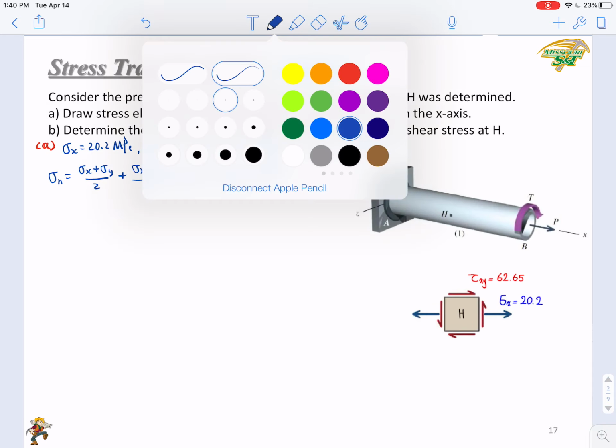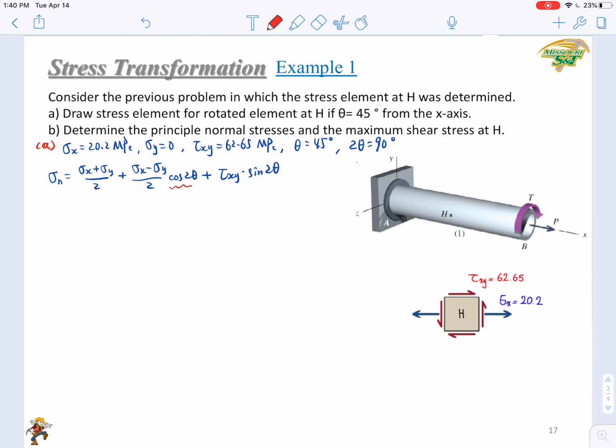So cosine 2 theta will be 0, sine 2 theta will be 1. Here you will get 20.2 plus 0 over 2, plus 0, plus 62.65 times 1. So you will get 72.75 MPa.